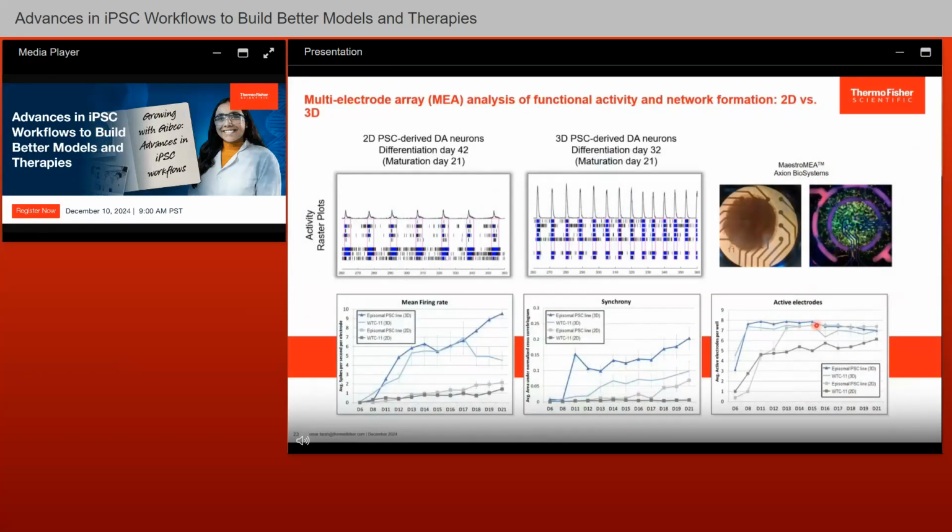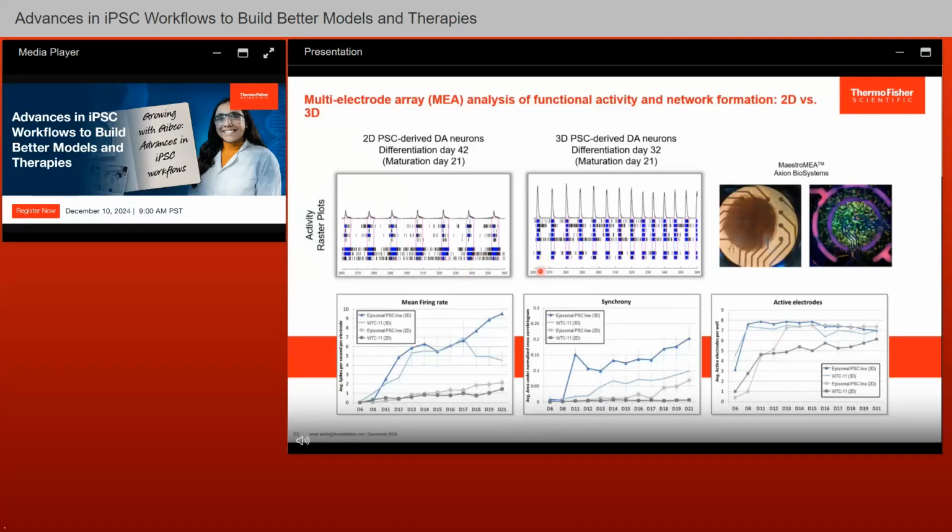Now, interestingly as well, we wanted to compare the functional activity of these midbrain organoids. We placed them on multi-electrode assays to measure their electrophysiology and actually observed very strong functional activity when they're plated on these multi-electrode assays, especially compared to 2D differentiation protocols, as you can see in these two top raster plots.